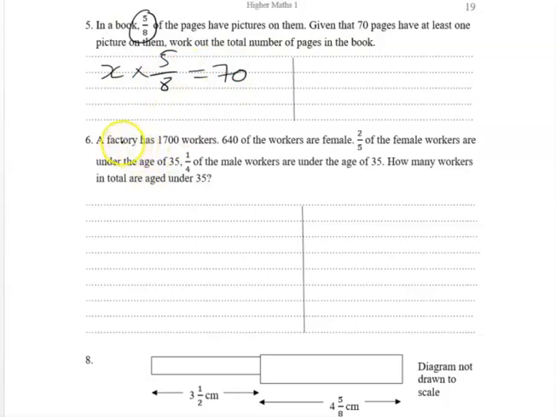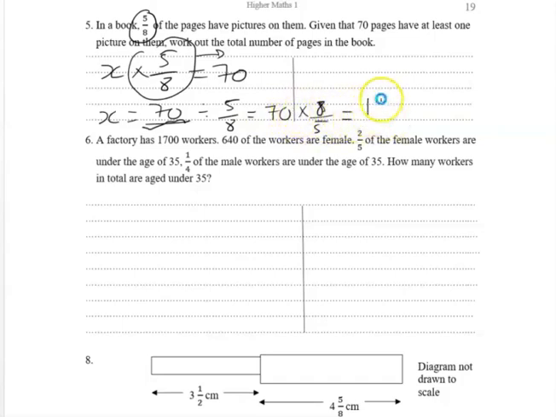Now this is a little bit of algebra, but there's another way to approach it, which we're going to cover next. So we're going to take this fraction to the other side. So X is going to equal 70 divided by 5/8, which is the same as 70 times 8/5. Once you work this out, we're going to get 112 pages.